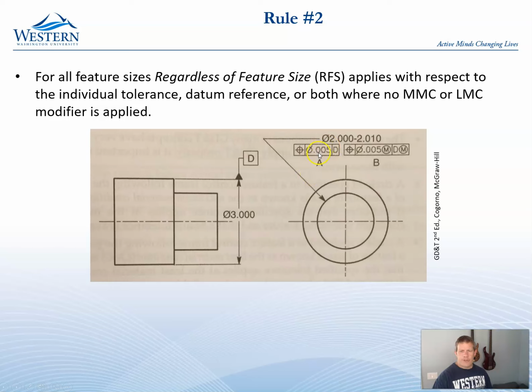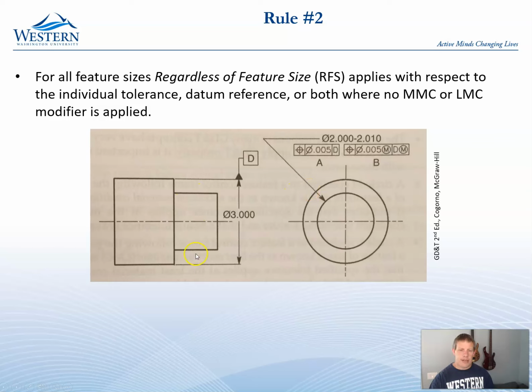And so we have 2 different ways that can be done. One is A, a true position with respect to D, and B is a maximum material condition of 5 thousandths. So which of those will help us out more? Well, generally, if this is going into a hole where the concentricity of these 2 matters, maybe a stepped hole where it needs to fit both the large diameter and the small diameter, the maximum material condition works a little bit better.